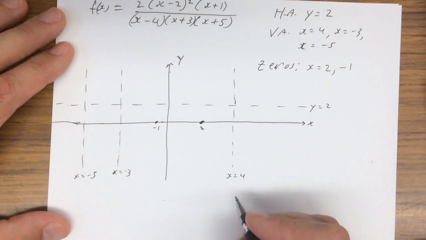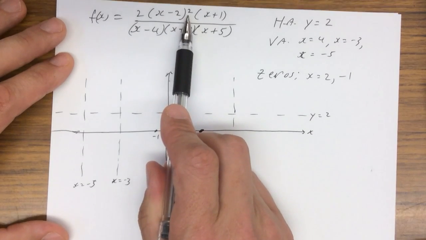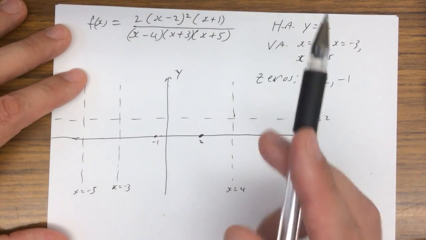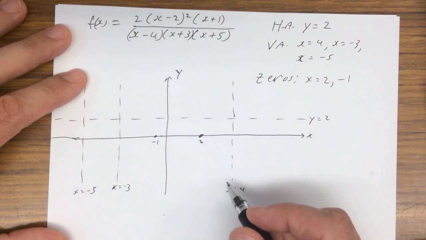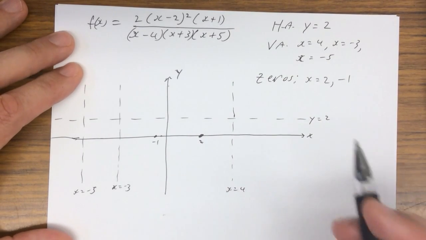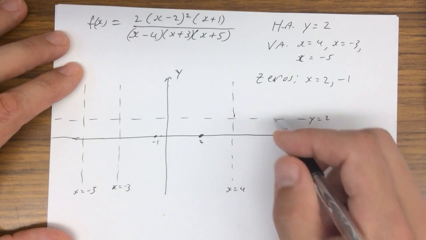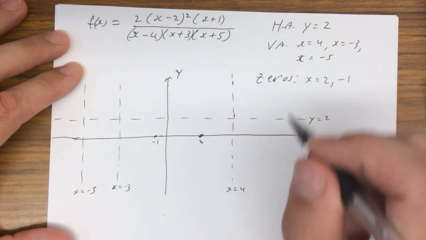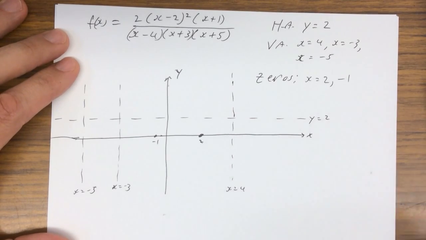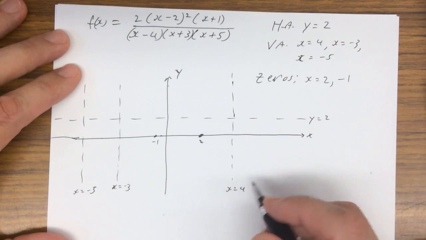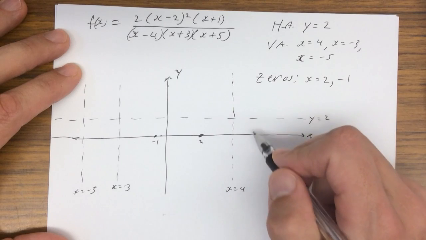Okay. Now one of the zeros is squared. So we might suspect that it might just touch there, and the other one is not, so it's probably going to go through. Okay, so let's look at what's going on here. Well, this is a cubic over a cubic, horizontal asymptote. Why don't we take a look at the signs of some numbers here?